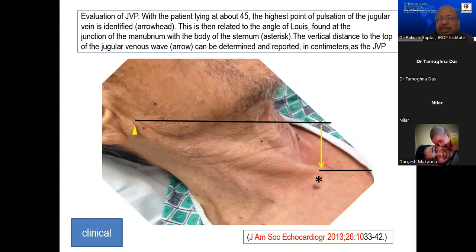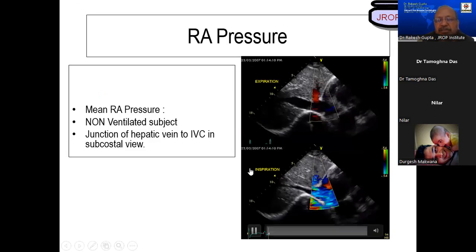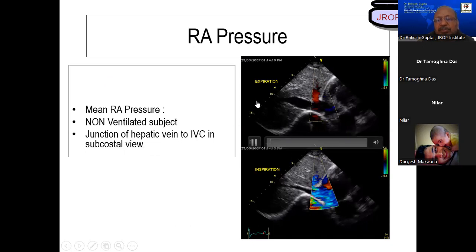And in clinical medicine, we could not pass unless we showed you the RA pressure evaluation, or so-called JVP. But in echocardiography, a very simple method of looking at it is the mean RA pressure, in a non-ventilated subject, at the junction of the hepatic vein to the IVC in the subcostal window. So we go to the subcostal window.